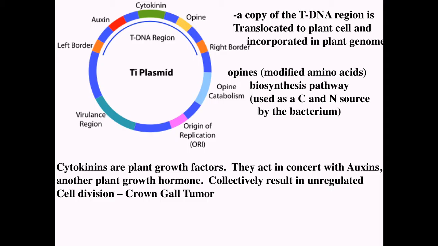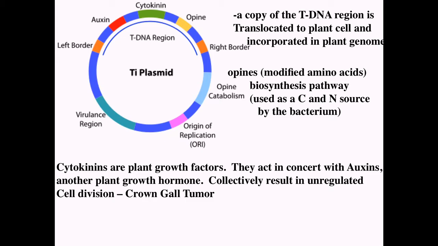They're actually transported out of the plant cell, where the bacteria back home, carrying the TI plasmid, can use the opines as a carbon and nitrogen source. But the only reason that bacterium can use these very unusual amino acids is because other genes that are on the TI plasmid encode the entire biocatalytic pathway to break down opines.